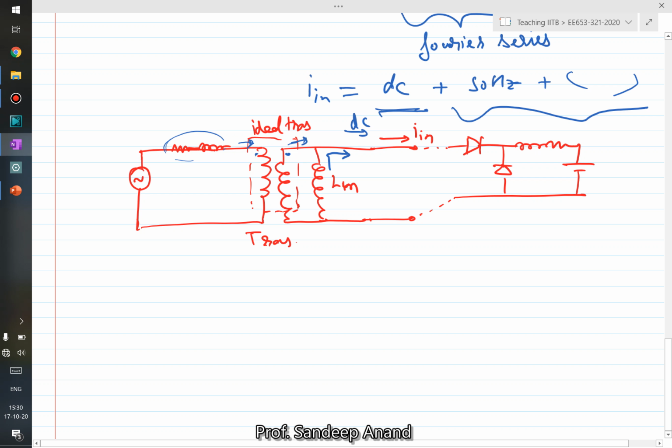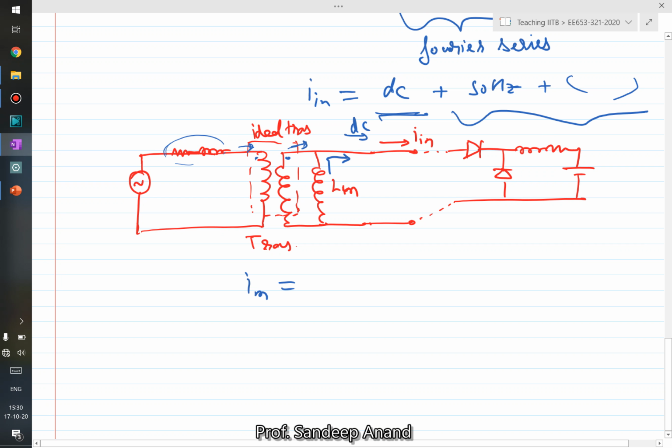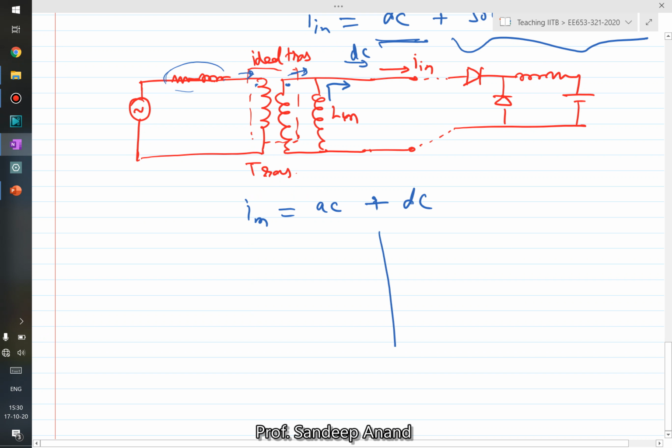So what happens is your magnetizing current of the distribution transformer is not only AC, it is AC definitely, plus it also has a DC component. If you draw the BH loop, B is the flux density. So if this is your BH loop, right?